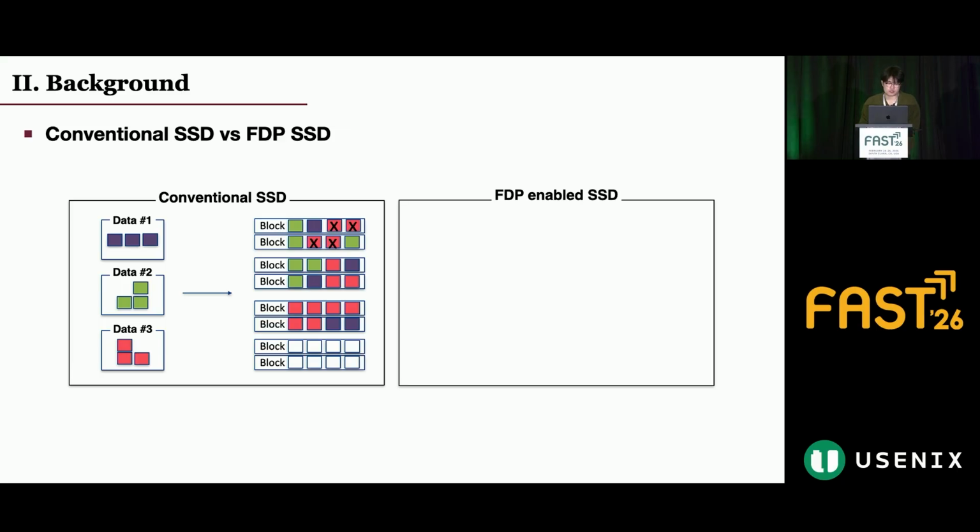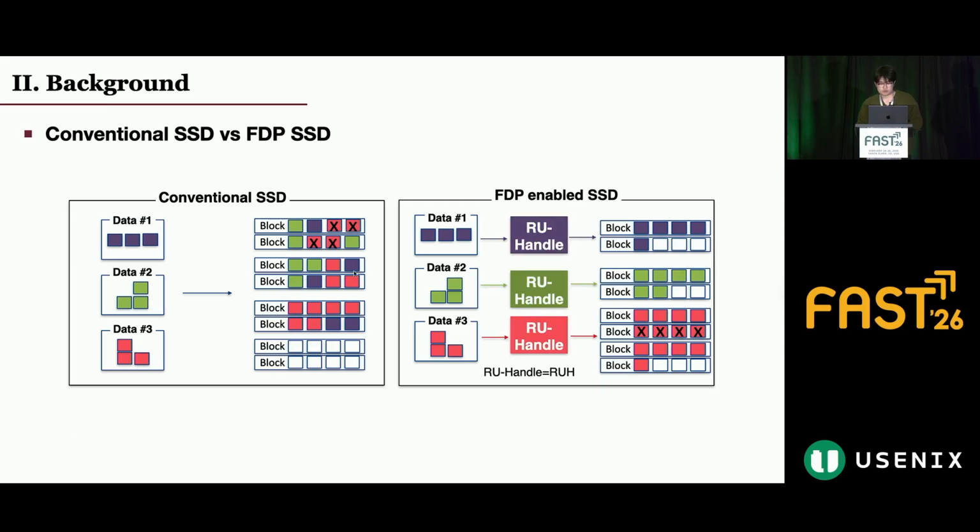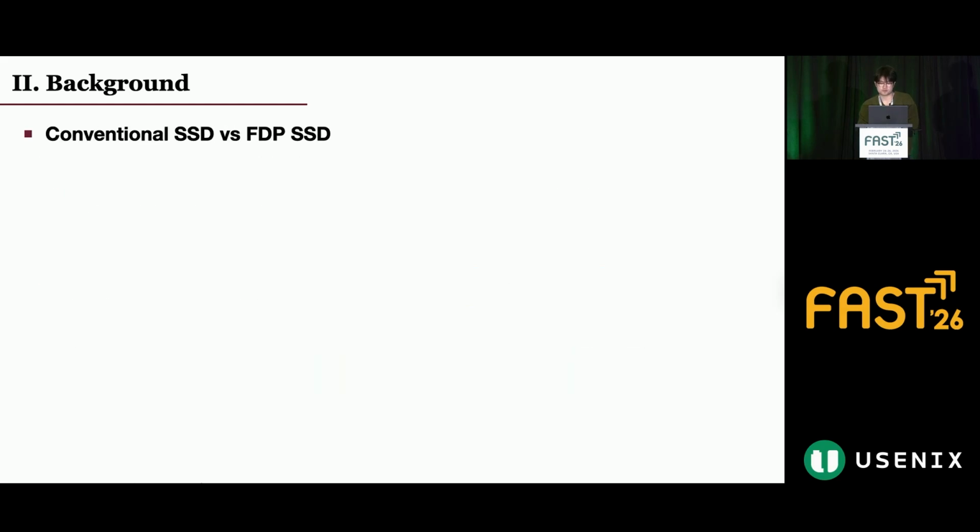However, in an FDP-enabled SSD, data is explicitly grouped and isolated. How? By reclaim unit handles, named RUHs. By steering writes across the RUHs, FDP can lower write amplification.